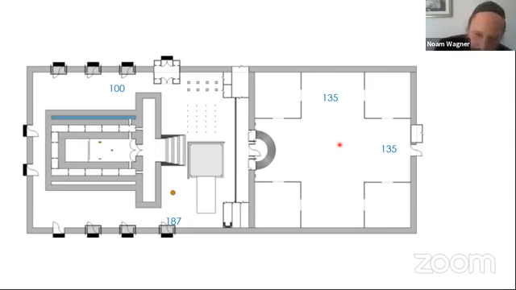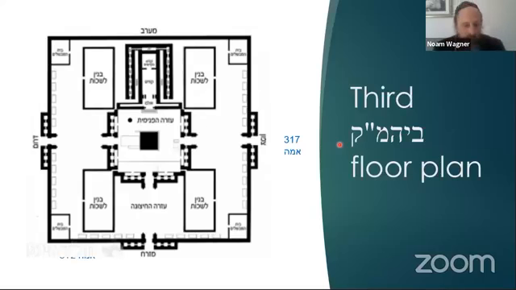Now, an interesting point, we have some time still. An interesting point is that in the third Beis Hamikdash, one of the things which will be very different is the Ezras Nashim. In fact, the Heichal is almost exactly the same. According to Rashi, it will also be 100 ames high.